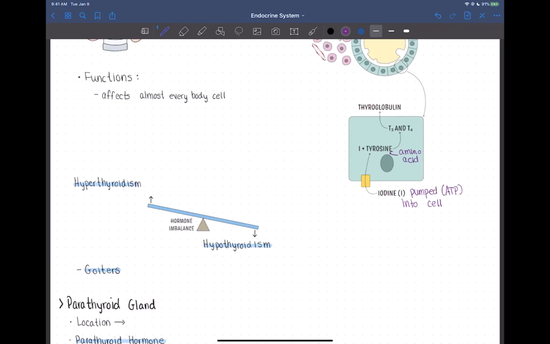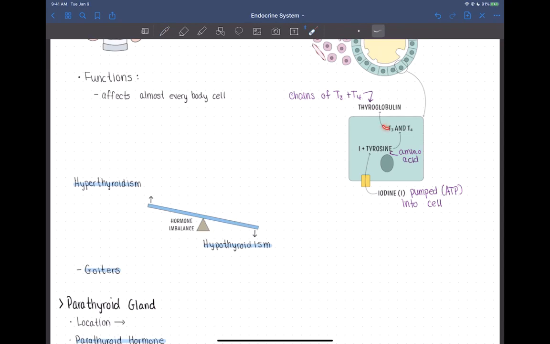And so, like we said, the thyroid gland is capable of storing that thyroid hormone. And so it does that by linking them together in chains. Okay, and so these are called thyroglobulin. So thyroglobulin, these are chains of T3 and T4. That's thyroglobulin. Okay, so this follicular cell is going to create T3 and T4.